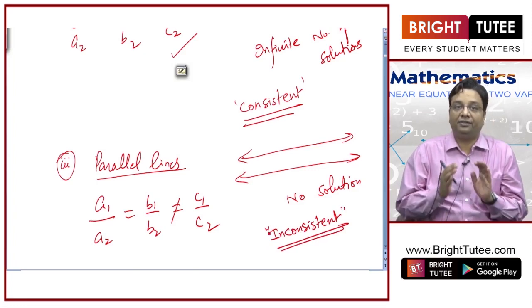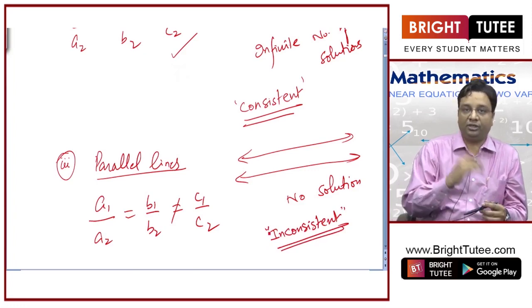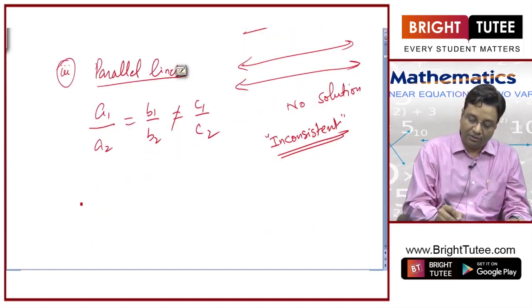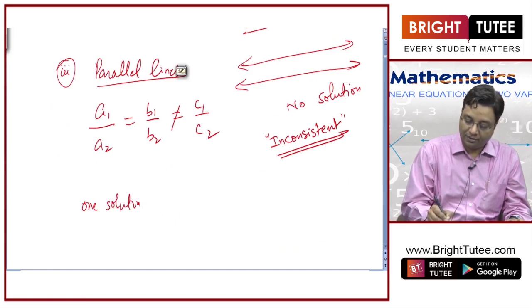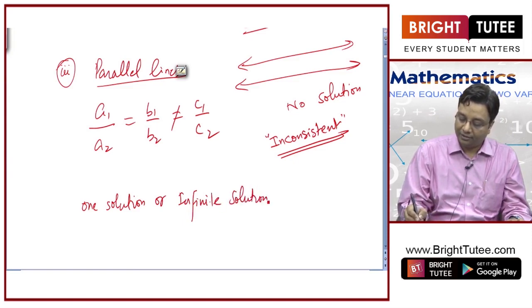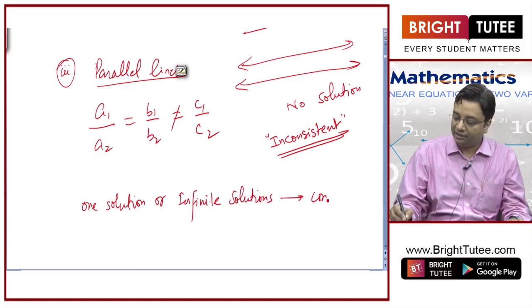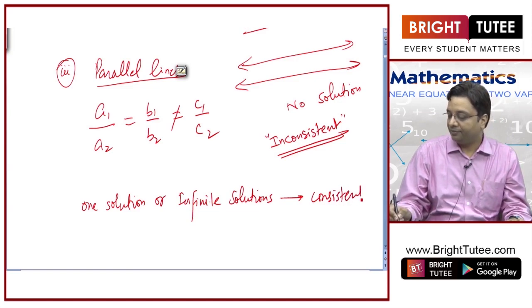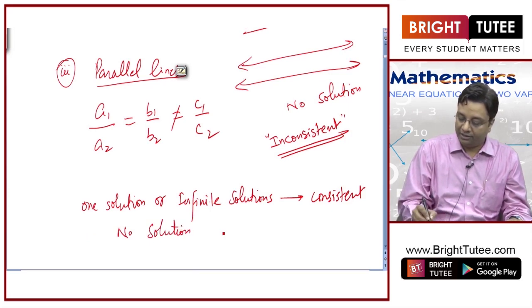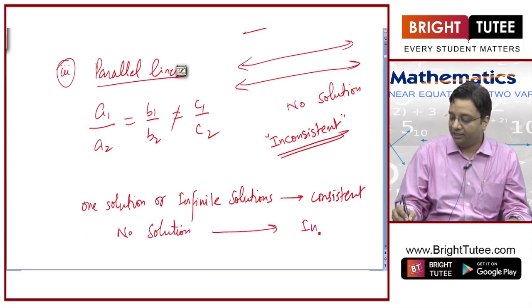So whenever we have a solution, one solution or infinite solutions, these are consistent pair of straight lines. And when we have no solution, this system of straight lines is known as inconsistent.